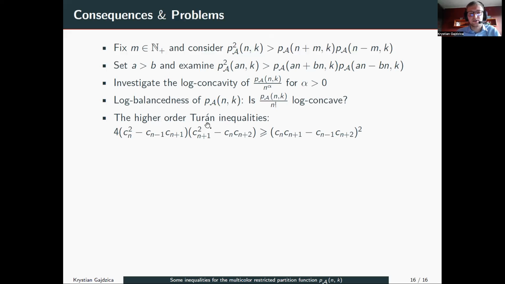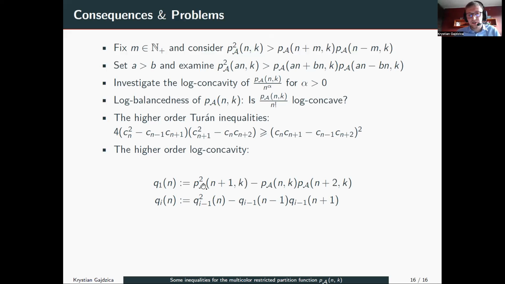This is the second order Turan inequality. If we replace Cn by the corresponding value of the multicolor restricted partition function, then this inequality holds if we assume that every k-6 multi-subset is coprime.